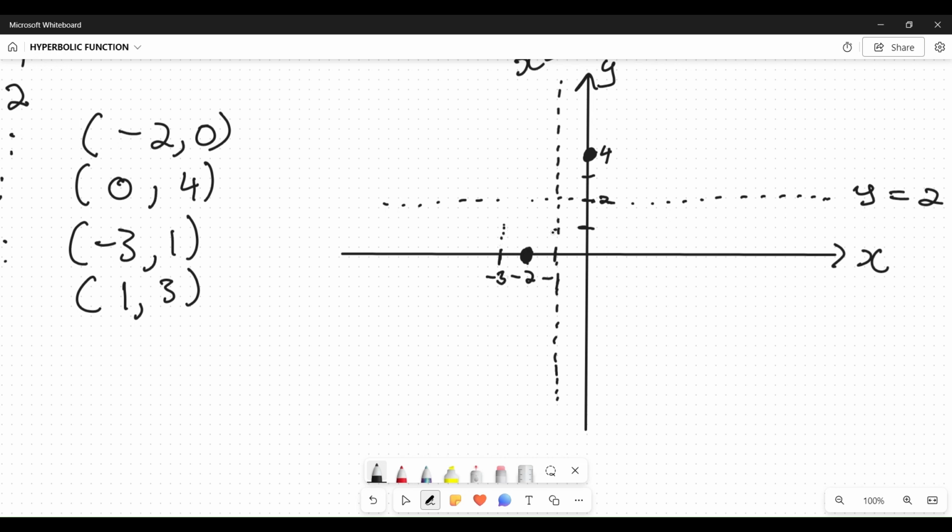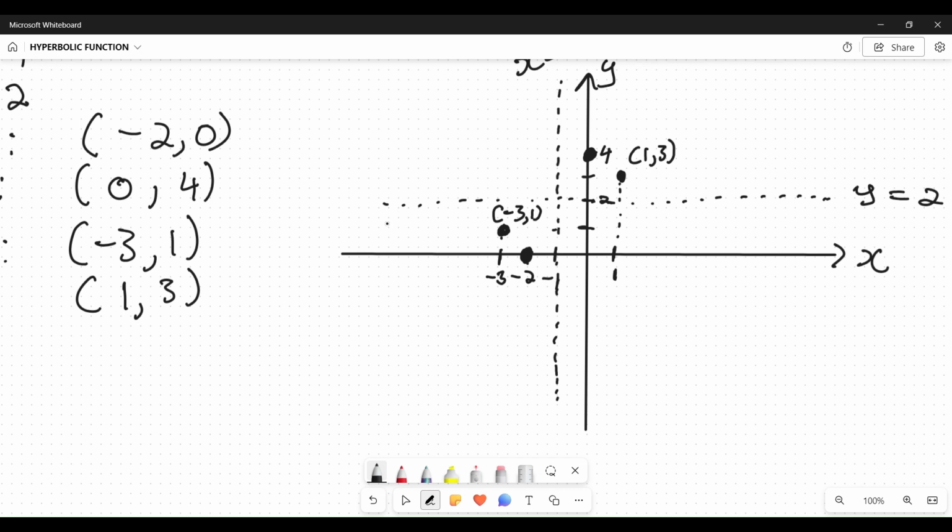Then if we plot this point, this will be our point -3 and 1. Now let's plot the last one, which is 1 and +3. This is our 1, then this will be our point 1 and positive 3.